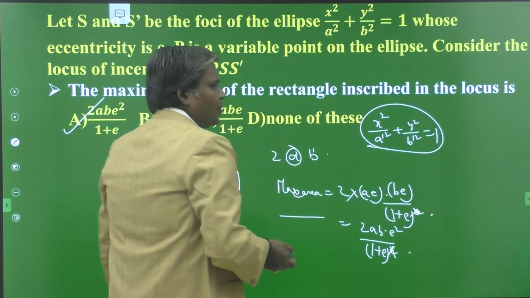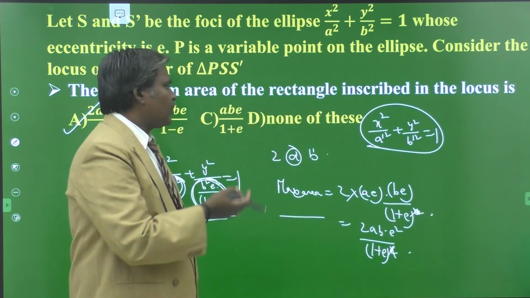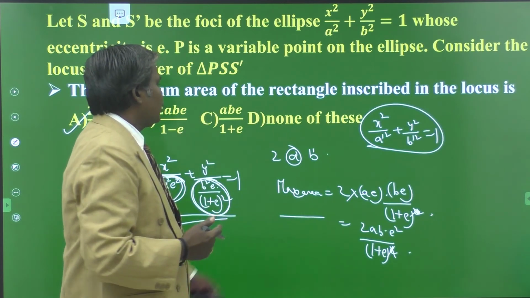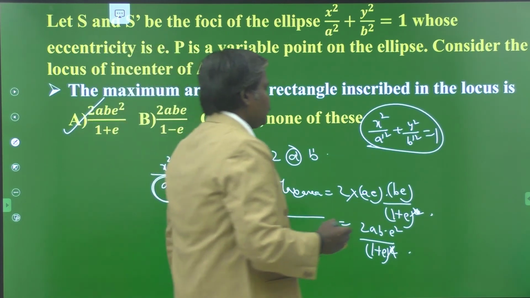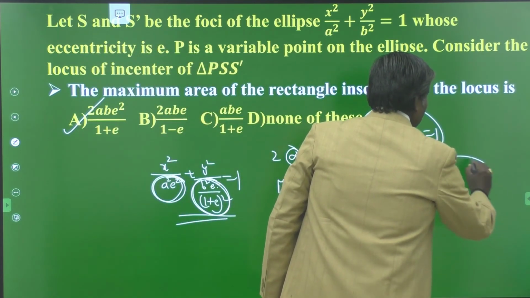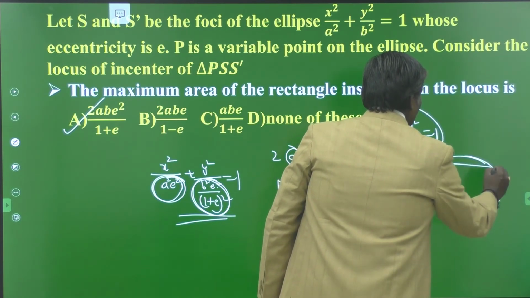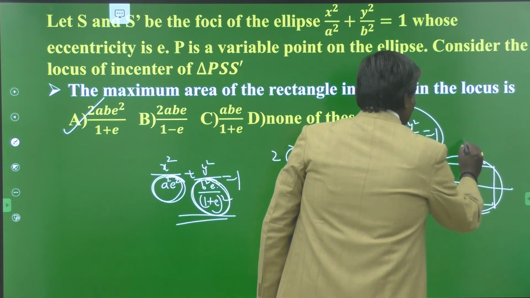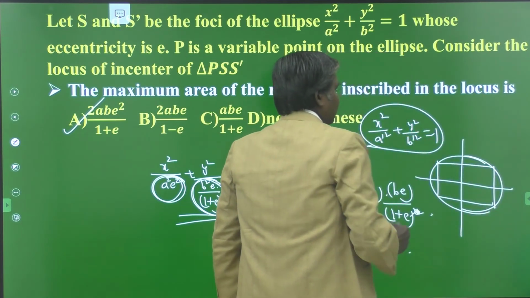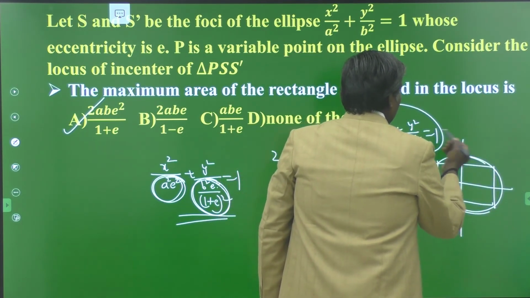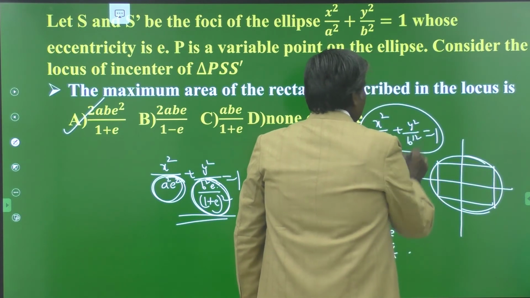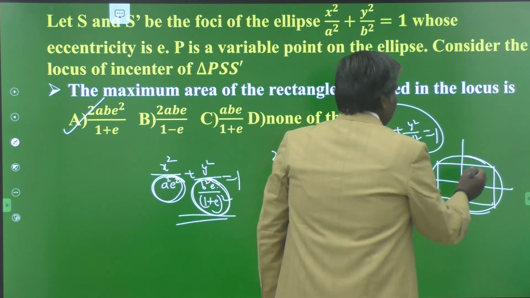So this is the way. We can crack easily the 3 problems related to that paragraph. How to get 2A dash B dash? Just we prove within a minute. This is the ellipse. This is the rectangle which is inscribed in the ellipse. We have to find out the maximum area of that rectangle. Suppose your ellipse is x square by A dash square plus y square by B dash square.